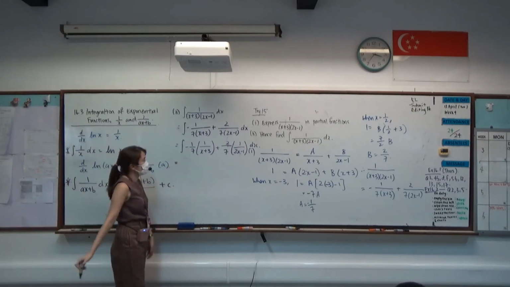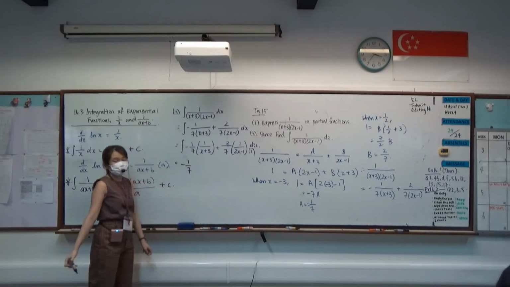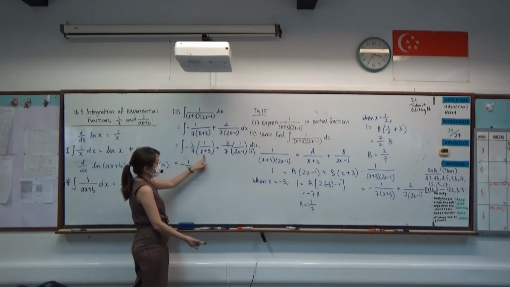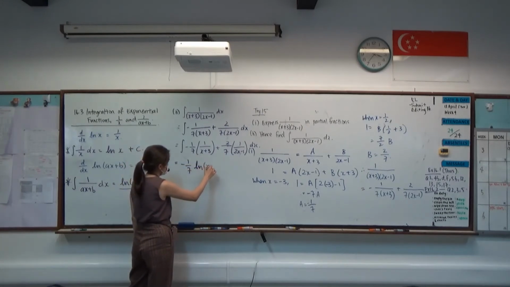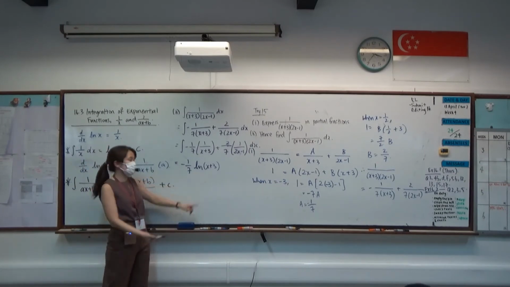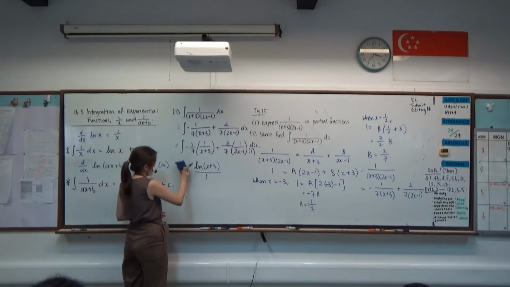Now integrating it, negative 1 over 7 I could ignore, but that doesn't mean I don't write it, I still write it down. 1 over x plus 3, to integrate that I will get ln x plus 3. Divide by the coefficient of x, that happens to be 1. I'll just be clear over here, in case some of you don't catch what I just said.